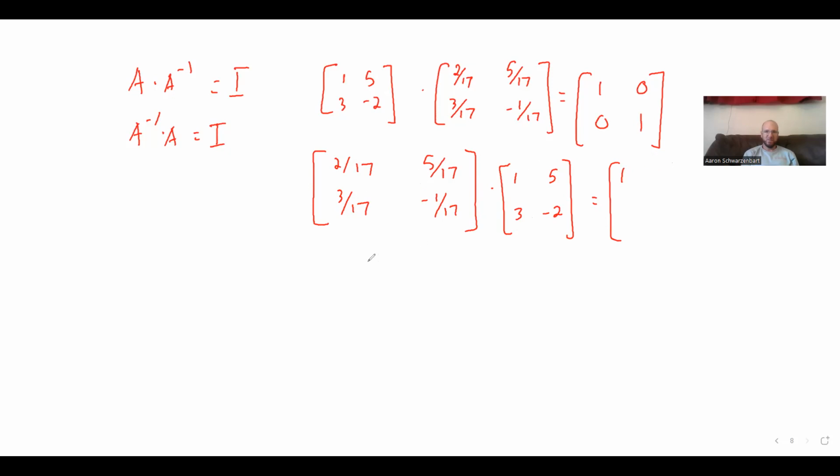Over here, row 1, 2/17 times 5 plus 5/17 times negative 2.